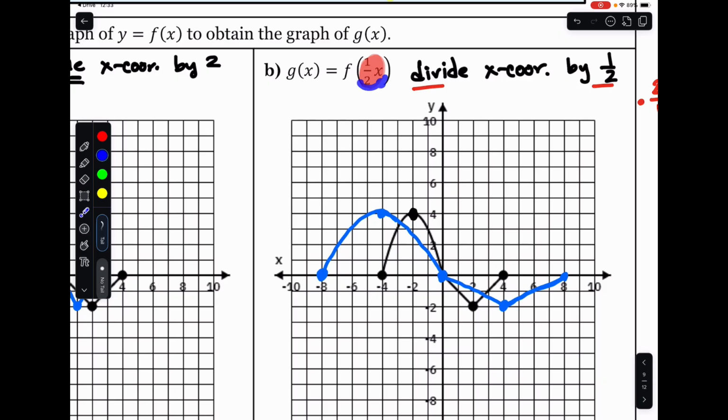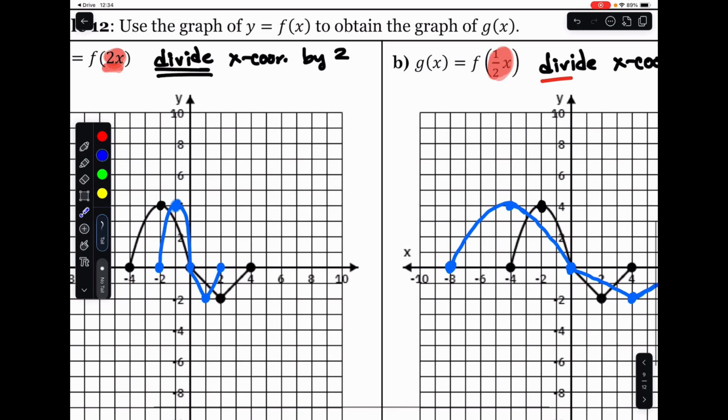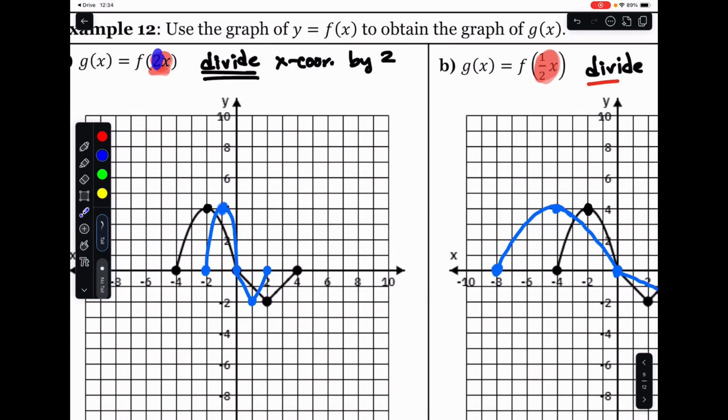When the numbers are on the inside and we're doing something to the x, that's going to affect us horizontally. For dilations, we're either going to move closer to or further away from the y-axis when we divide those x coordinates by whatever scalar we have for x.